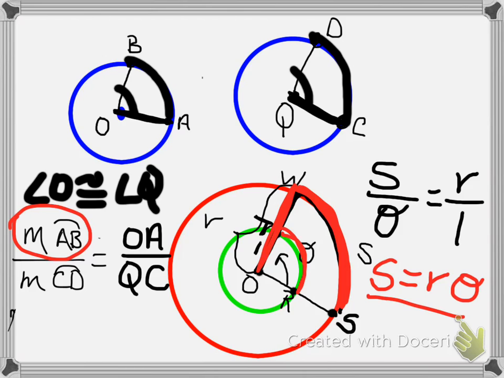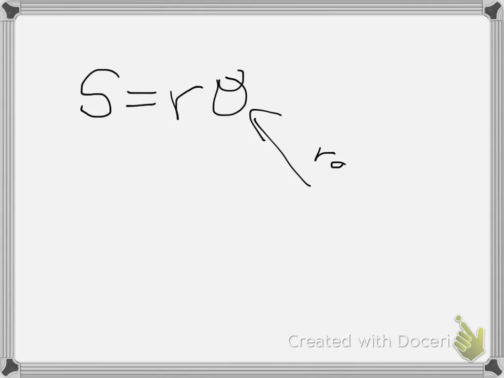And they say that the arc subtends its central angle. This is the arc, and this is the central angle. And the central angle captures the arc. Okay, so our formula that we just derived is S is equal to R theta. And I want you to know that theta has to be in radians. It has to be in radians for this to work.